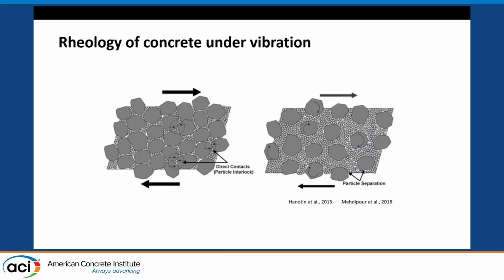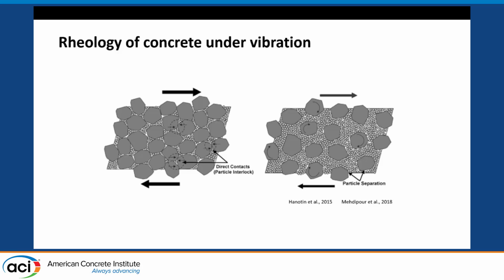Hanneton et al. in 2015 came up with the rheological model for granular suspensions, not for concrete, any granular suspension, where they found out that materials which make up part of the system can carry a lot of the load in granular suspensions.